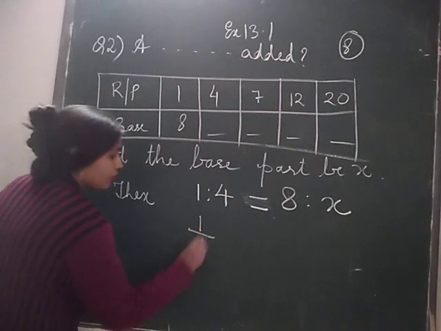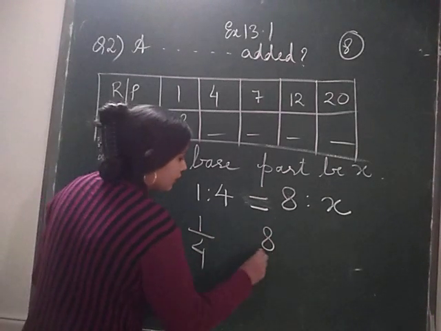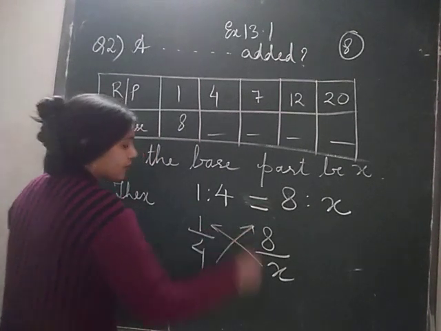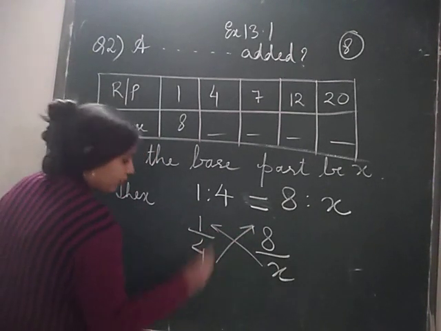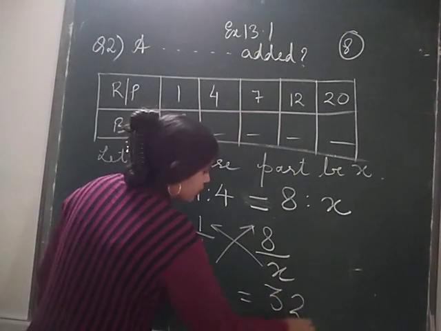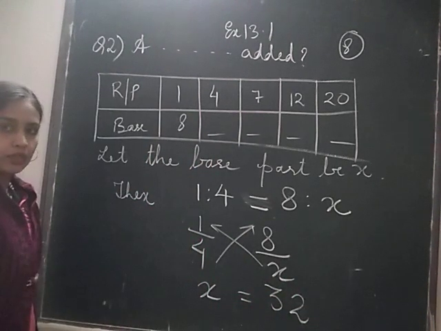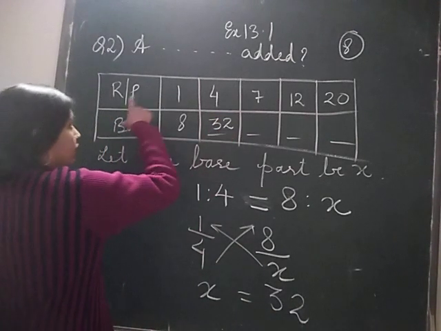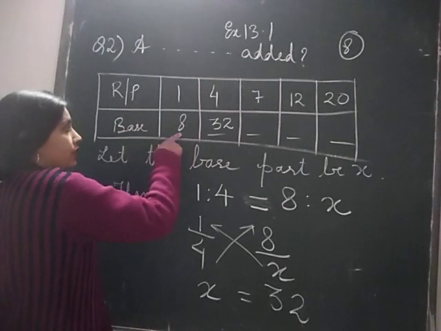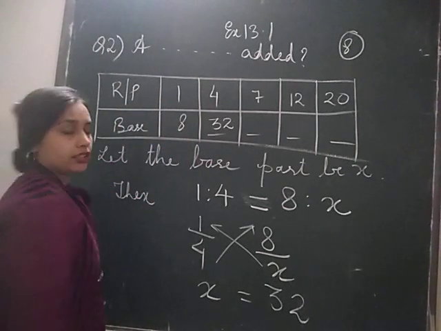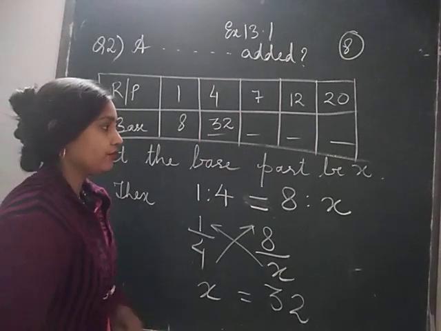That means 1 by 4 and 8 by x. Yes, we cross multiply, right? So 1 into x gives us x and 4 into 8 gives us 32. So when red pigment is 1, base is 8 parts. When red pigment is 4, base is 32 parts. This is for the first one.